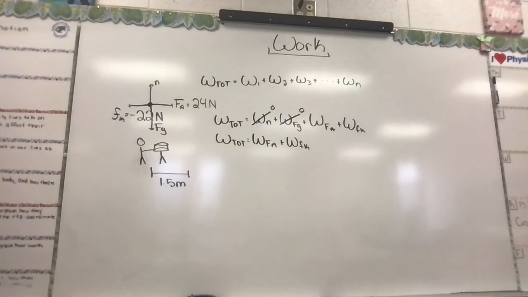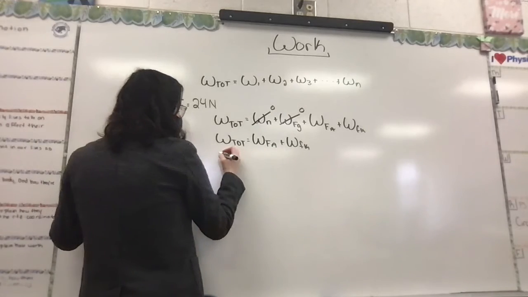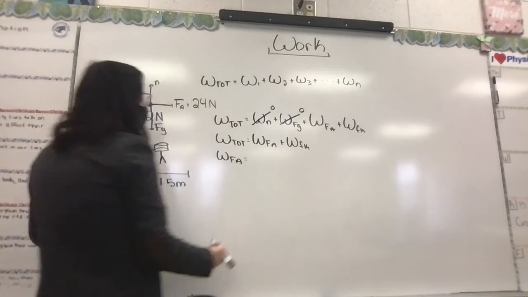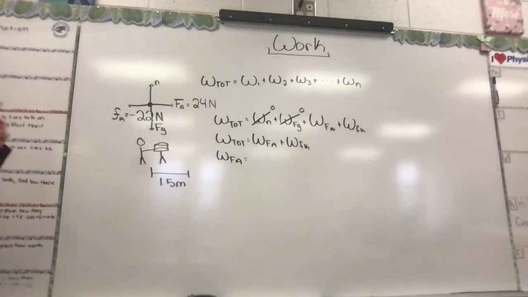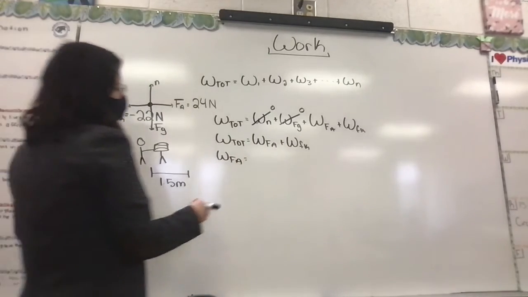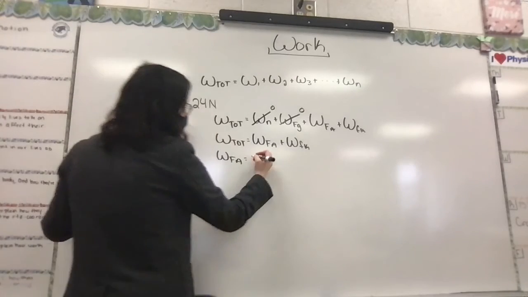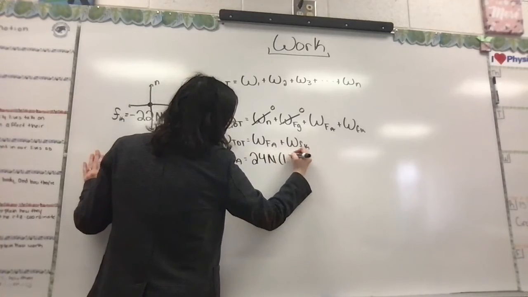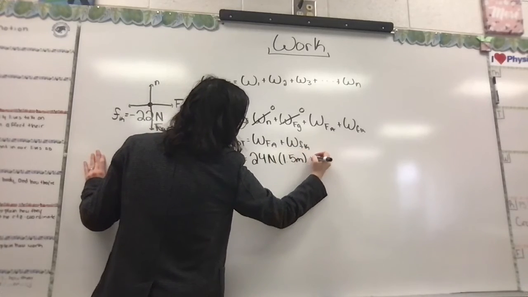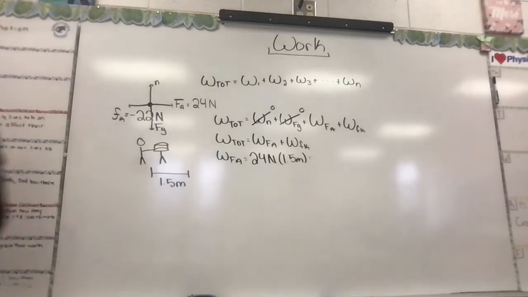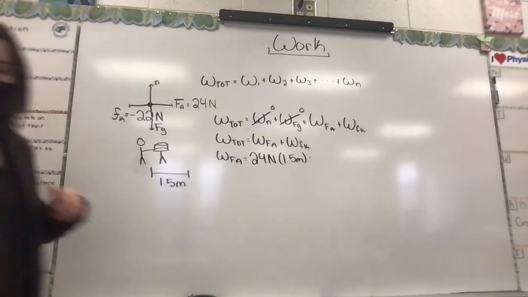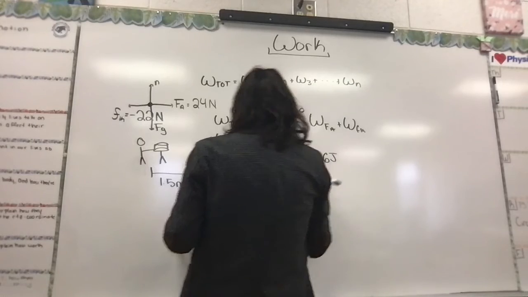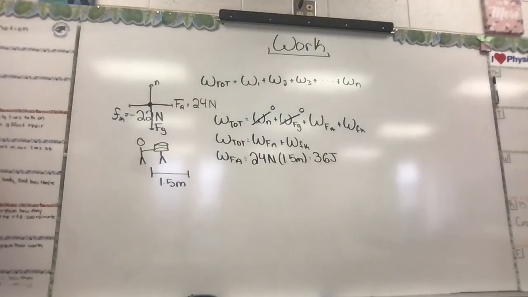Okay, so let's start with the work of the applied force. If work is force times distance, what's our force? 24 newtons, good. And what's our distance? 1.5. Okay, so what is the work done by our applied force? 36 joules. Okay, so we got that one.